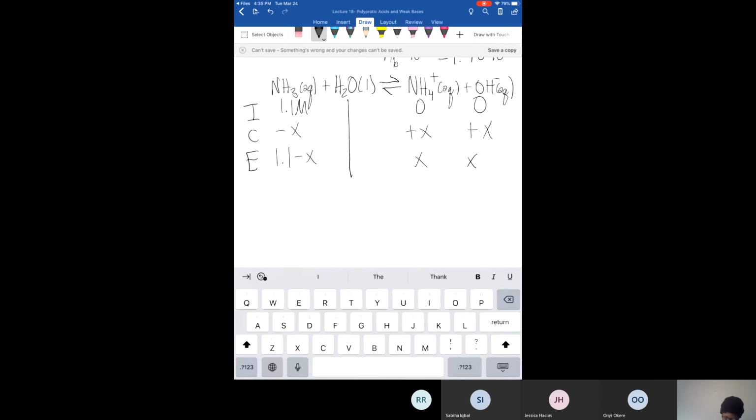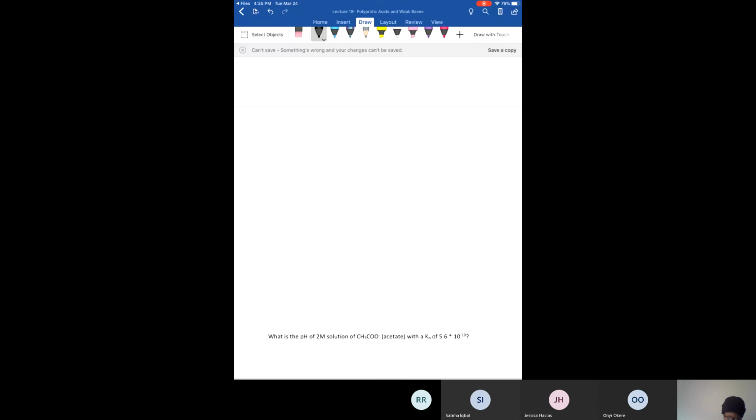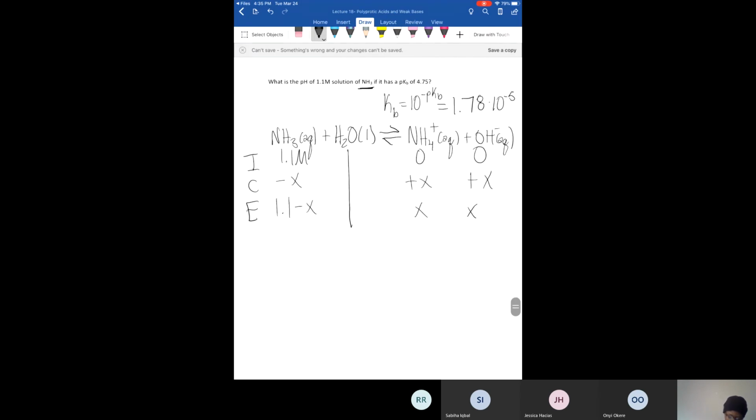So your Kb right there is 1.78 times 10 to the negative 5 equals x squared over 1.1 minus x.